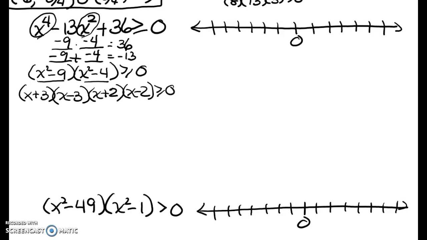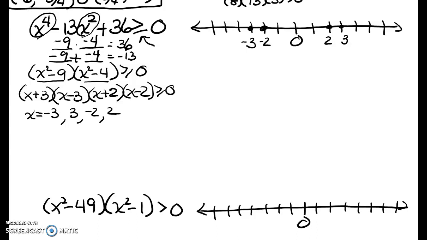So when I solve and set these equal to 0, I get x equals negative 3, positive 3, negative 2, and positive 2. So I'm going to put those with what kind of dots? Solid dots on my number line. So negative 3 with a nice solid dot, negative 2 with a nice solid dot, 2 with a nice solid dot, and 3 with a nice solid dot.